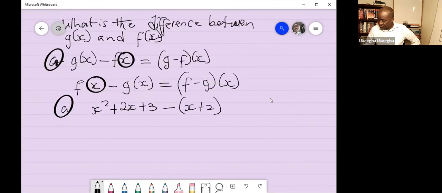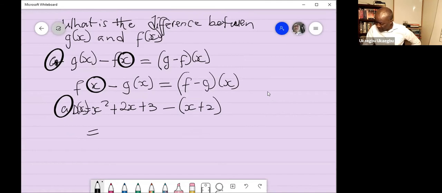Okay? So in that case, by the way, hold on. By the way, you can call this one d of x, which is the difference. So in that case, we are going to obtain, just open these parentheses.